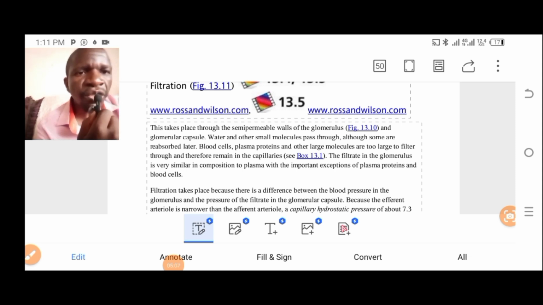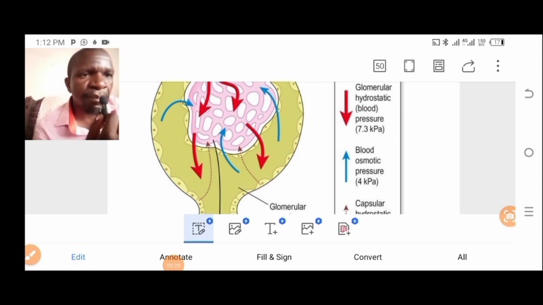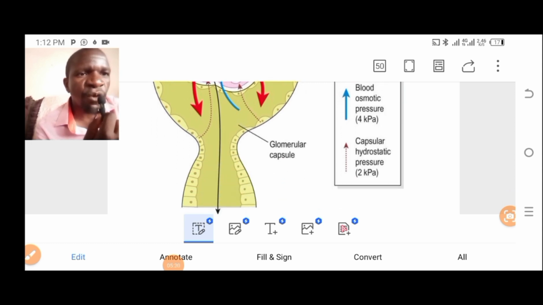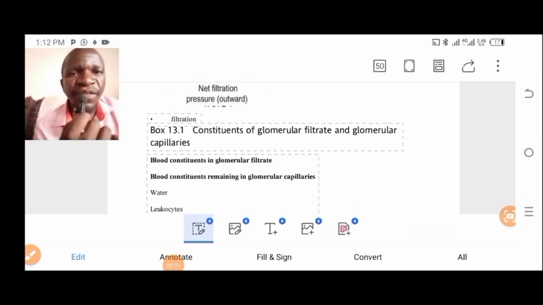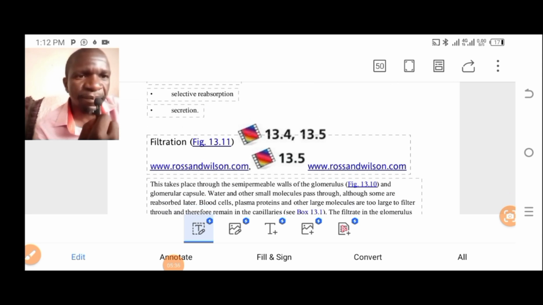So filtration takes place because there's a pressure difference between the blood in the glomerulus and the filtrate in the glomerular capsule. The capillary hydrostatic pressure is 7.3 kilopascals, and the blood osmotic pressure is 4 kilopascals. That pressure difference on its own causes filtration to occur.